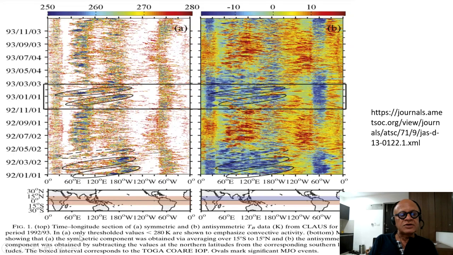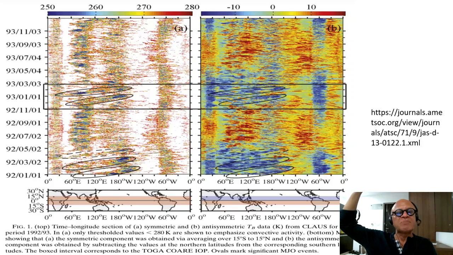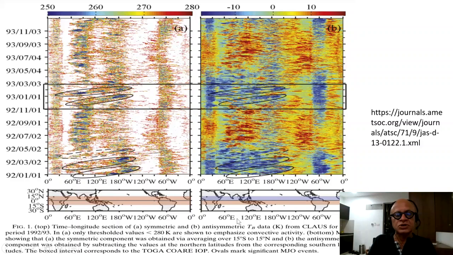In A, only threshold values less than 280 Kelvin are shown to emphasize convective activity. Remember that convective activity means deep, tall clouds, cold cloud top temperatures. So you pick a threshold for temperatures colder than a threshold, which is chosen here to be 280 Kelvin.